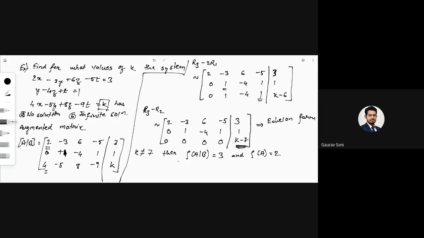So the system has no solution. Now the next question is, if k is equal to 7. So I'll just rub this part.